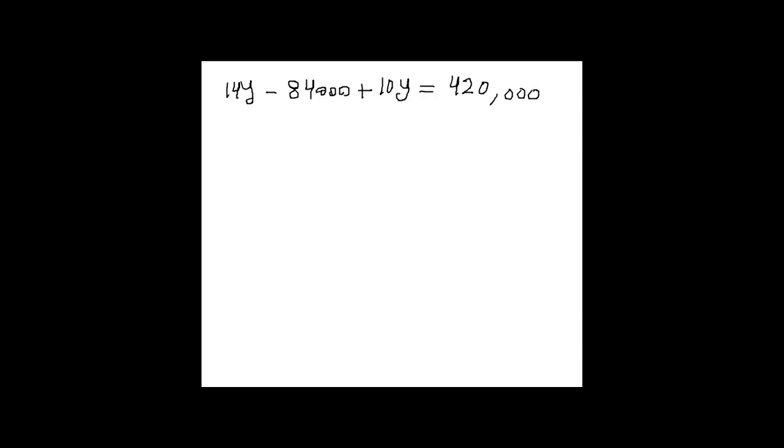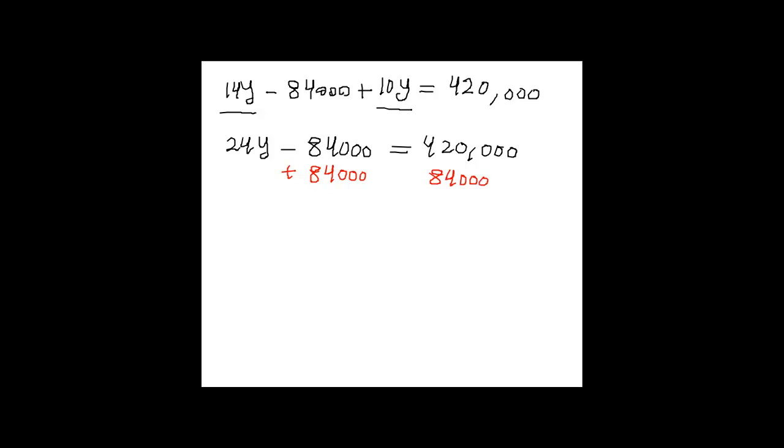Now, if you look at these two terms, they add up: 14y plus 10y is equal to 24y. Let's do this step by step. Remember, we're solving for y. So here, I have to add 84,000 to both sides of the equation in order to isolate the y.